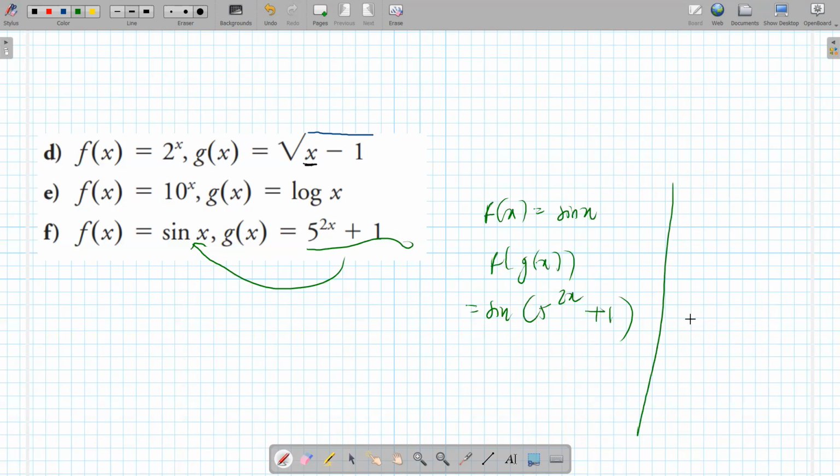Let's do the other way around. What's g of f of x? Five to the power of 2 sine x plus 1.